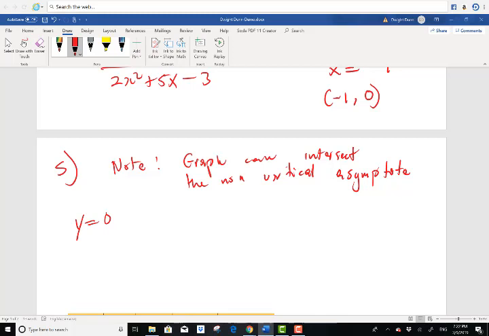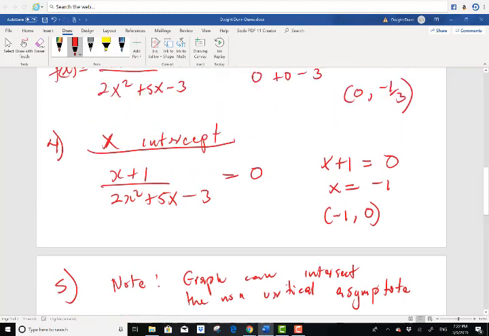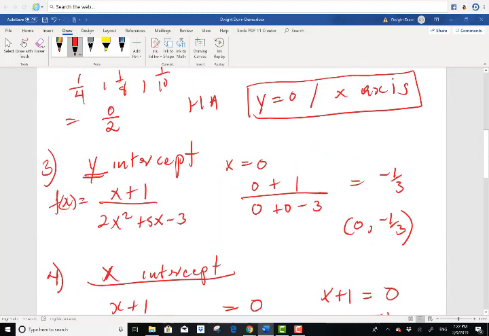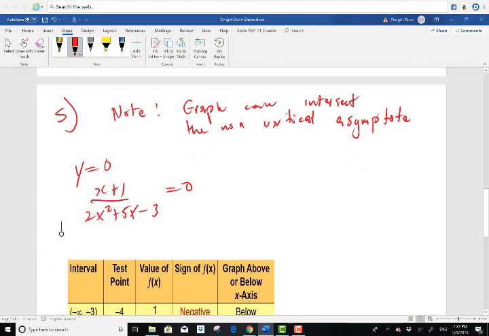And as a result, if I set the function, x plus 1 over 2x squared plus 5x minus 3, equal to it, my result here is going to yield the same as above. Notice right here, because I already determined the horizontal asymptote, the intersection with the non-vertical asymptote is going to yield the same result.